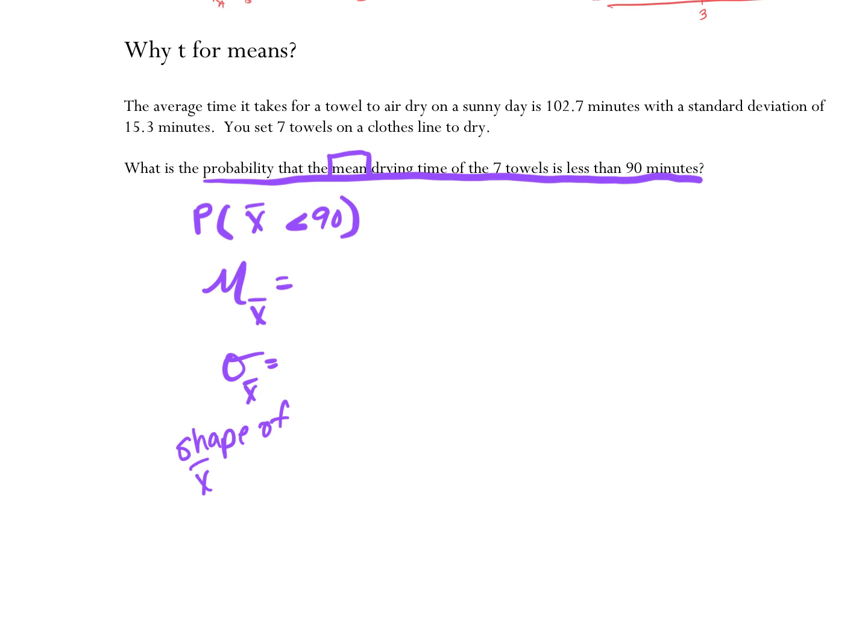Which is 102. My standard deviation is, no, that is my standard deviation of individual towels. My standard deviation of the X bars is 15 divided by the square root of 7. I don't know what that is. But I got something that does.